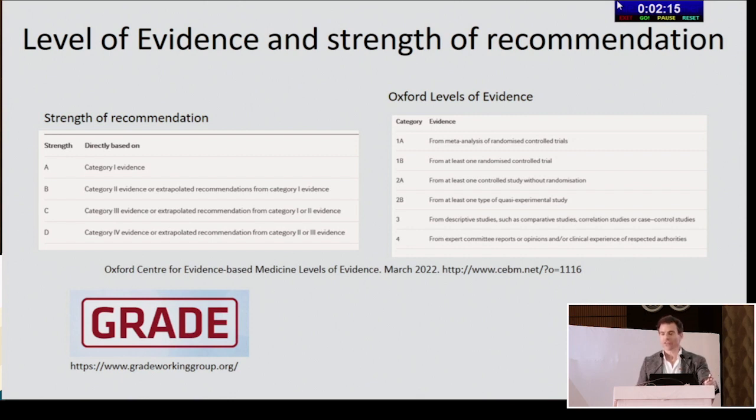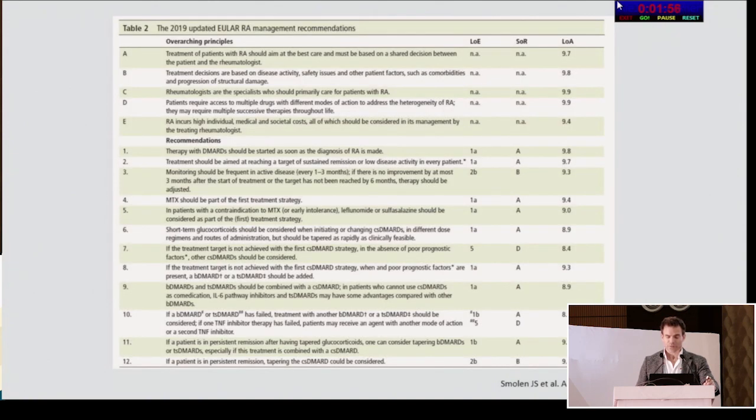From 0 to 10, usually you find something like 9.7, 9.8 if you have good consensus on an item. But sometimes you find items that are 7.5, and then you know there was a large discrepancy or disconnect between people. This is just how it looks in the tables when you review them.